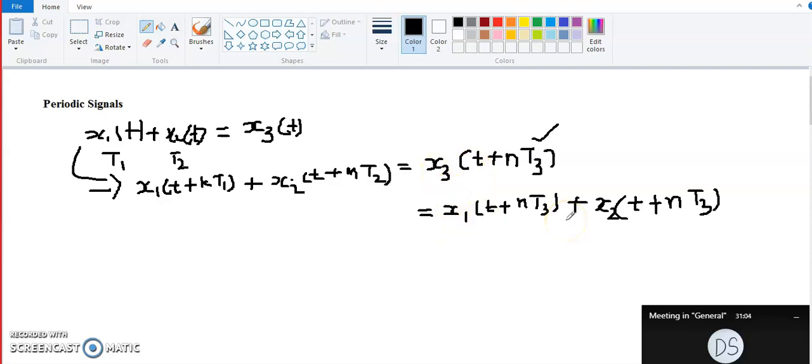And this equation will be possible only when k1T1 is equal to mT2 is equal to nT3.